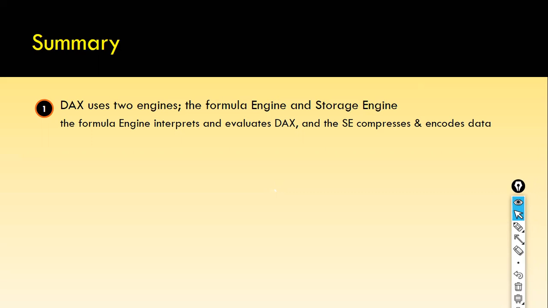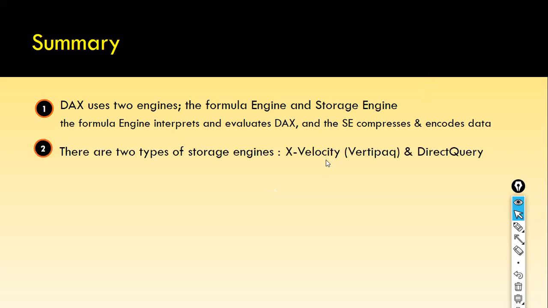To summarize, DAX uses 2 engines, the formula engine and then storage engine. The formula engine interprets and evaluates your DAX, and the storage engine compresses and encodes your data. There are two types of storage engines. One is the Vertipack or the X-Velocity, and then the direct query.